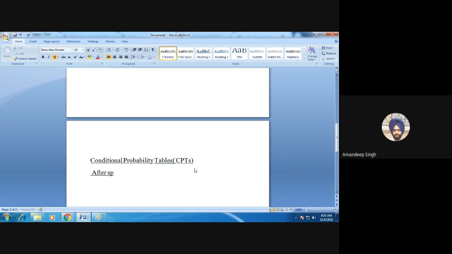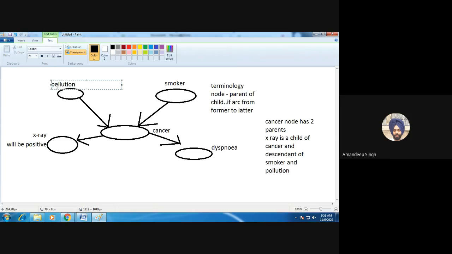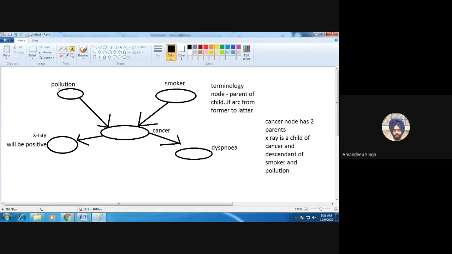So after you specify the topology, you need to specify the conditional probability tables for each discrete node. Fine. Now here the different nodes are here. This is one node, this is one node, this is one node, this is cancer, here is one node. So what we need to do is we need to represent the CPT values for each node.